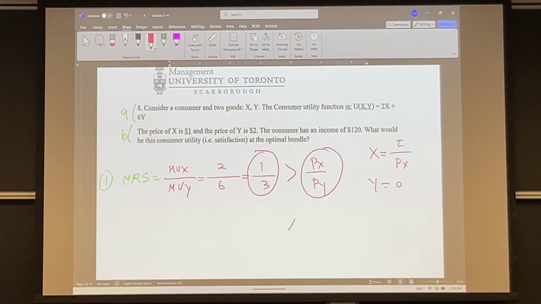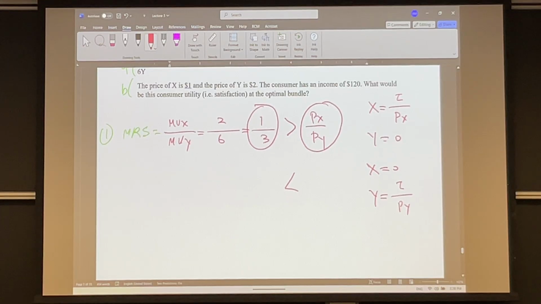That's one side of the corner solution. If it's less though, it's the other way around. If you don't like X, you keep buying less and less of it until you buy 0. And then you only spend money on Y. So demand for X becomes kinked.